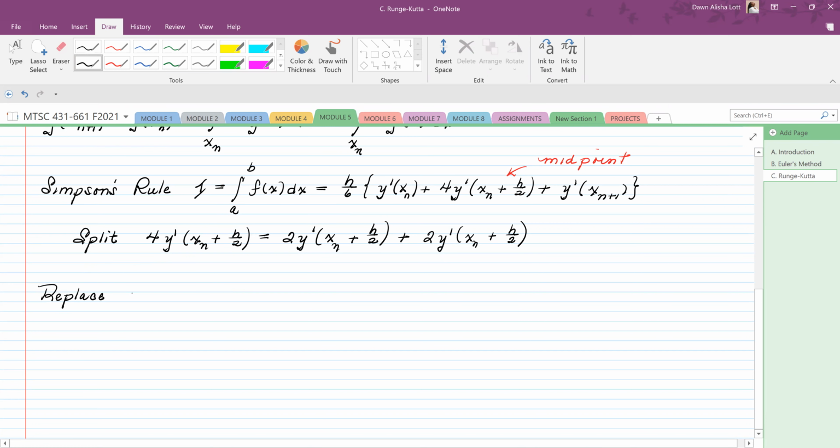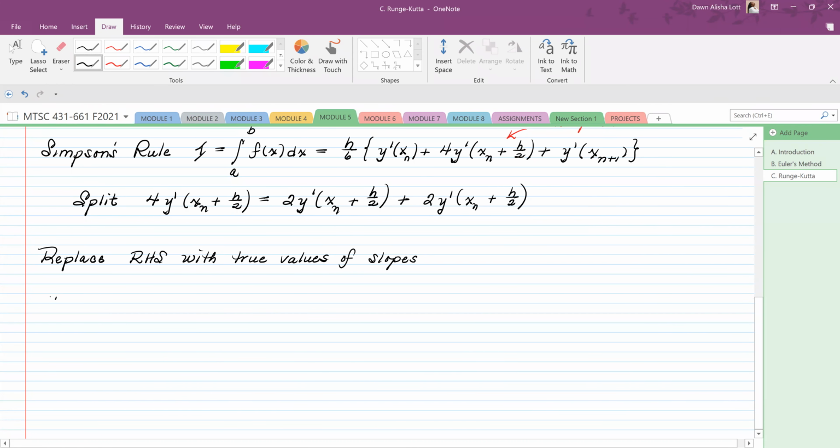So now we want to replace the right-hand side with the true values of the slopes. Okay, so the first one, which is y prime at xn, that's simply f of xn, yn, and I'm going to give that a name of k1.